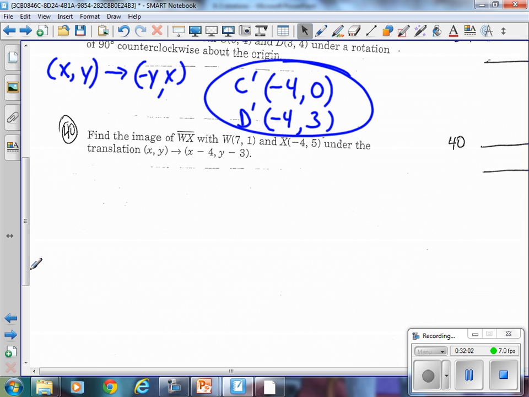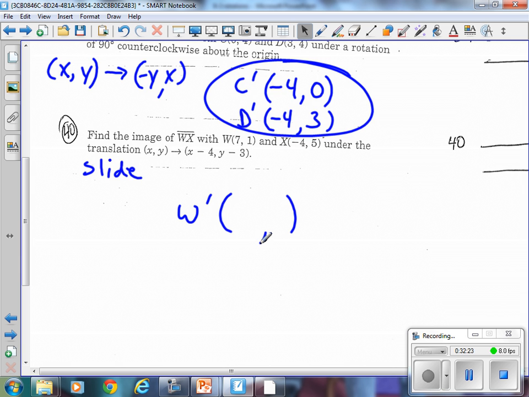Find the image of WX with, and they give us coordinates, under a translation, which is just a slide, of x -4, y -3. So W prime, you're just going to subtract 4 from the x coordinate and subtract 3 from the y coordinate.